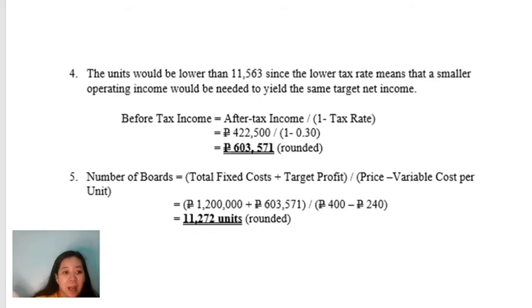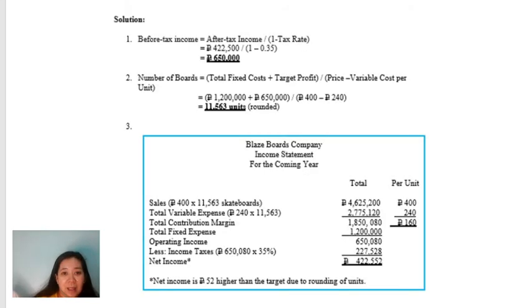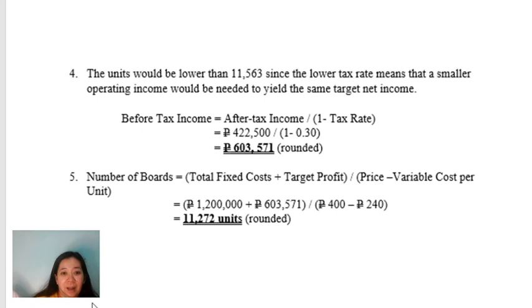So that is lower than the result in requirement number 2. Of course, it also follows because the target income also decreased, so the number of units will also decrease.